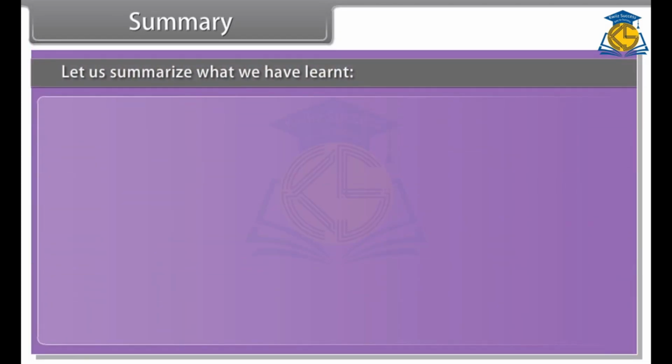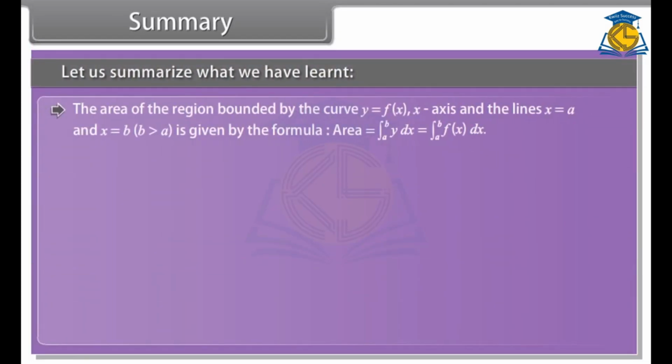Summary. Let us summarize what we have learned. The area of the region bound by the curve y equals f of x, the x-axis, and the lines x equals a and x equals b, where b is greater than a, is given by the formula area is equal to integral from a to b of y with respect to x, equals integral from a to b of f of x with respect to x.